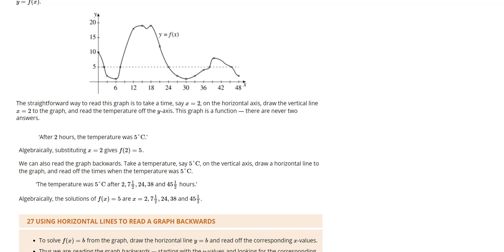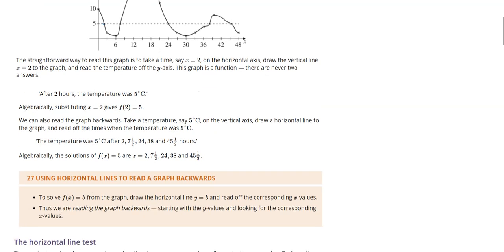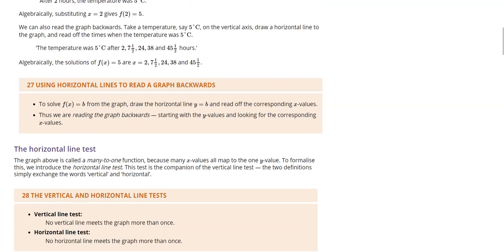Every time we want to find the x-intercept, that's effectively what we do. We plug in a 0 value for y, and then solve to get x, and we get lots of complicated things like that with quadratics and our factor theorem and remainder theorem and all that. Oh wait, we've been through the factor theorem and remainder theorem. Okay, so different class. All good. So using the horizontal lines to read the graph backwards.